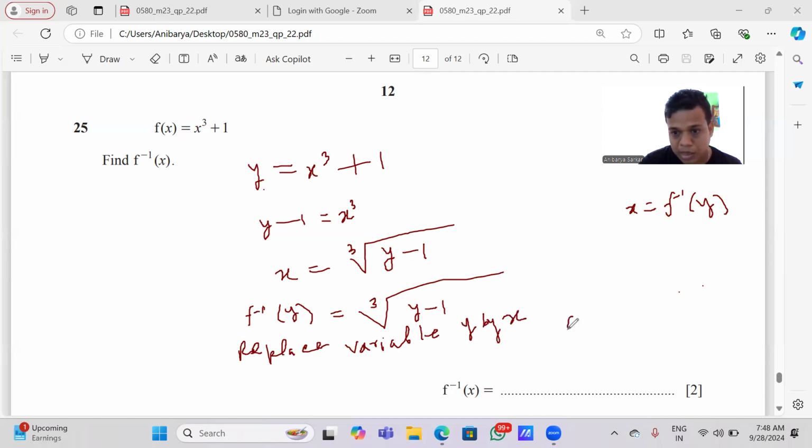So it will be f inverse x equal to the cube root of x minus 1. That's the final answer. So we complete the question.